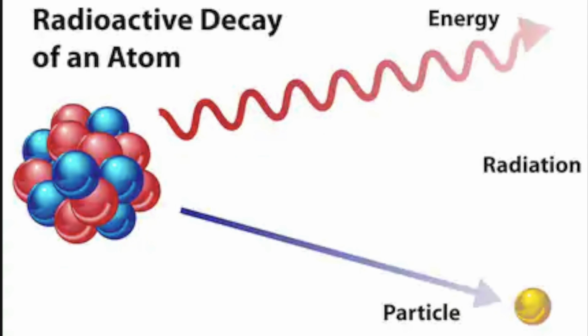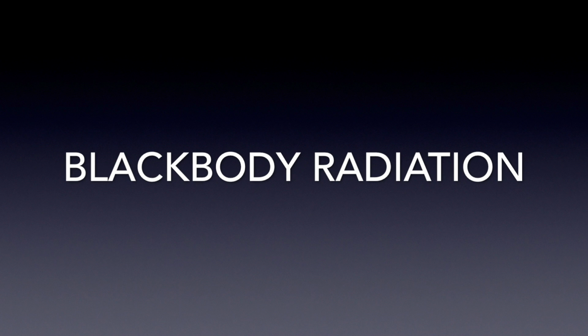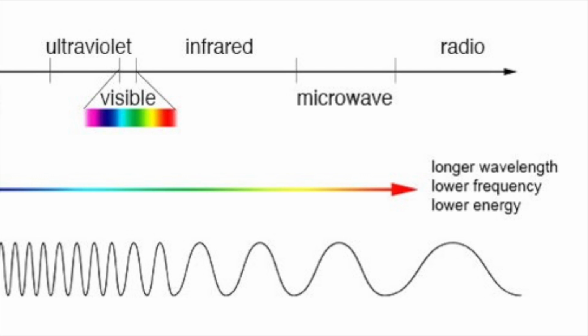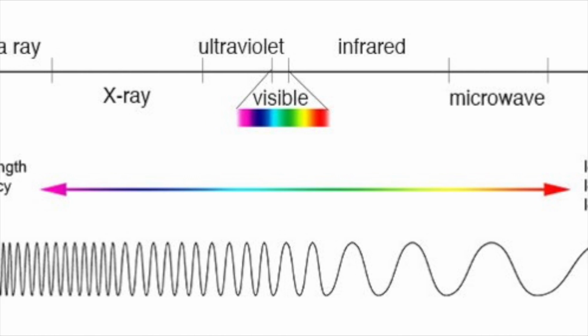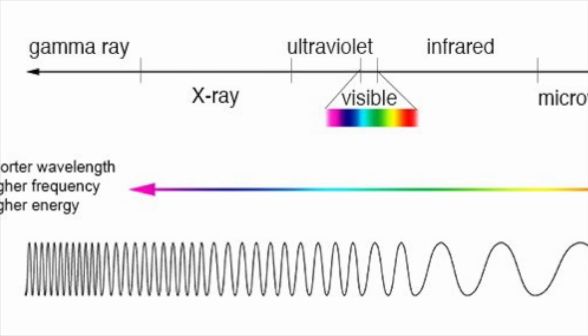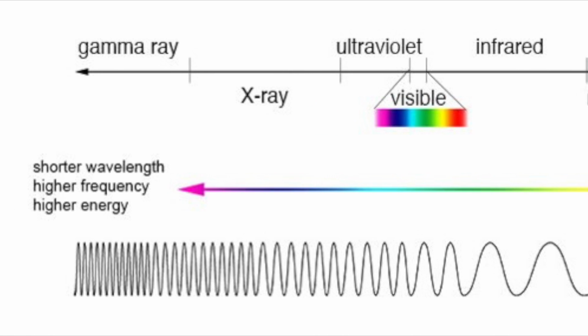Now that you are familiar with the notion that radiation takes the form of subatomic particles, such as electrons and positrons, and waves, such as gamma rays, let's talk about a new type of radiation: blackbody radiation. You may remember the electromagnetic spectrum from optics, with everything from deadly high-energy gamma rays to harmless radio waves.